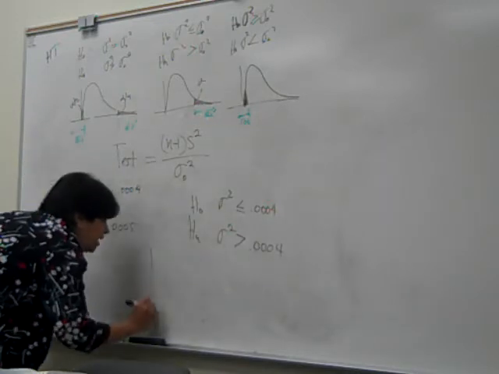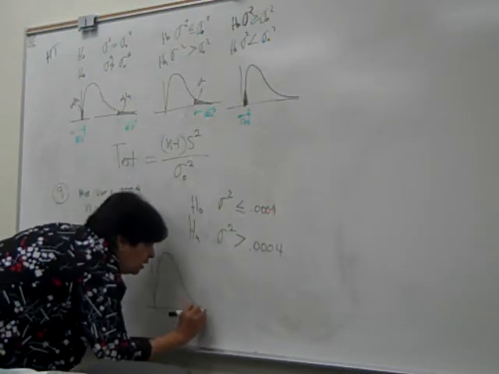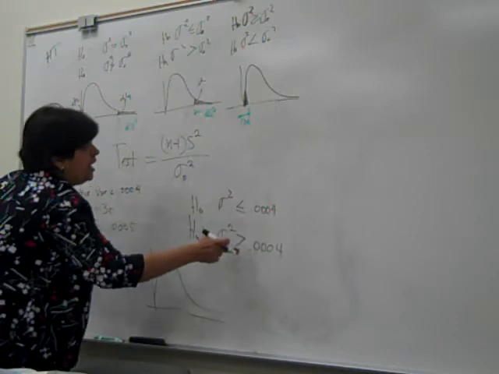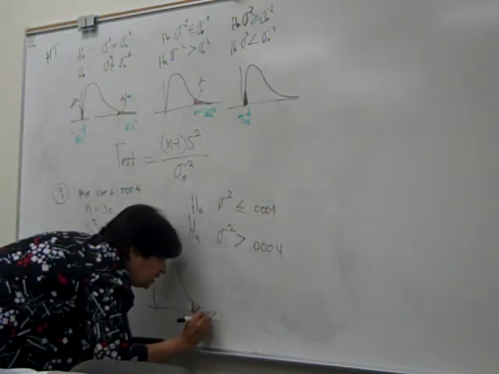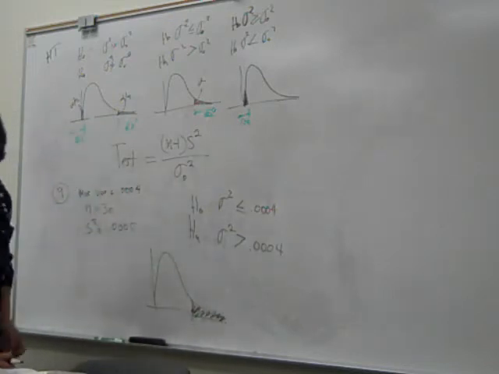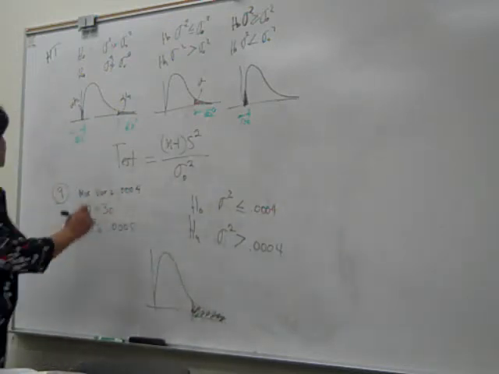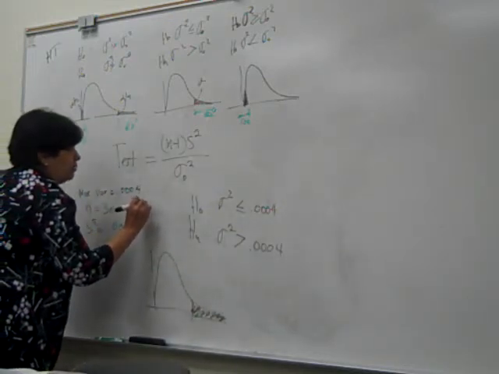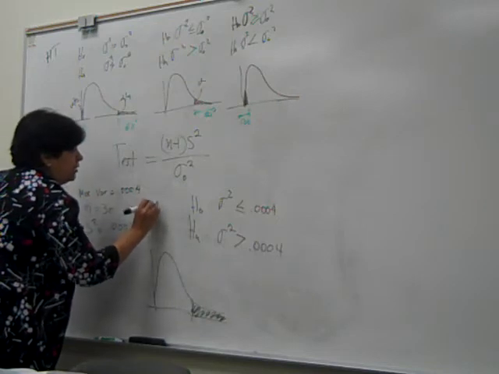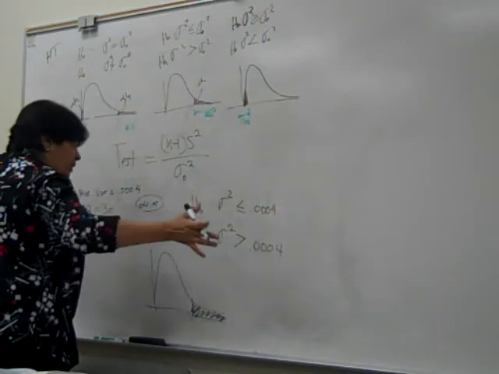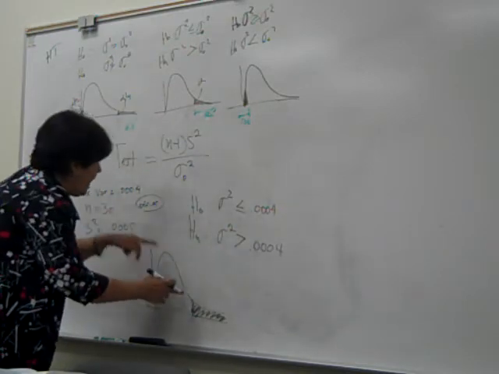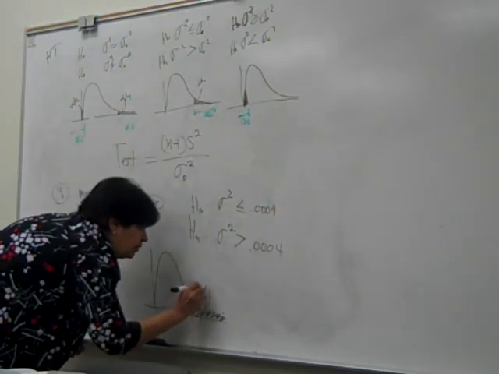So we know this is a chi-square, with, this is what? An upper tail test. Okay? They want us to use alpha equal to 0.05. Okay, so since this is an upper tail test, this has to be alpha, and this has to be 0.05.